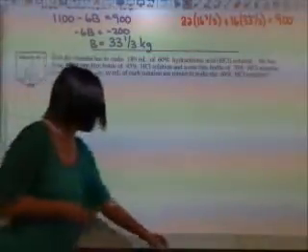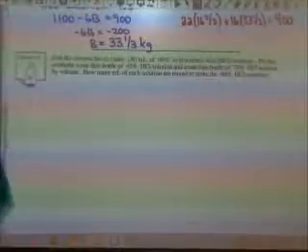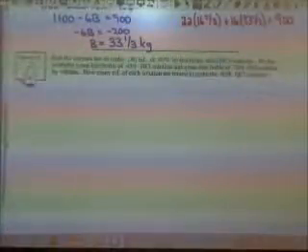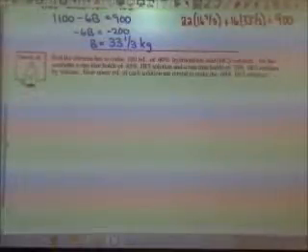Okay? So again, start off by identifying my unknowns. What are my two variables? Or what are my two things that I'm using? So what am I trying to do? And how many milliliters of each hydrochloric solution?